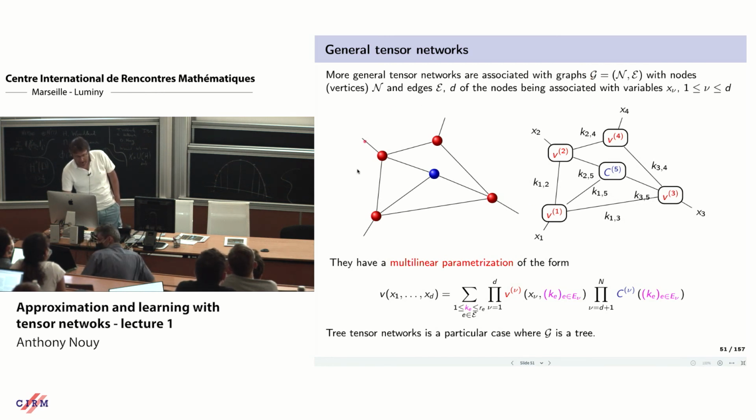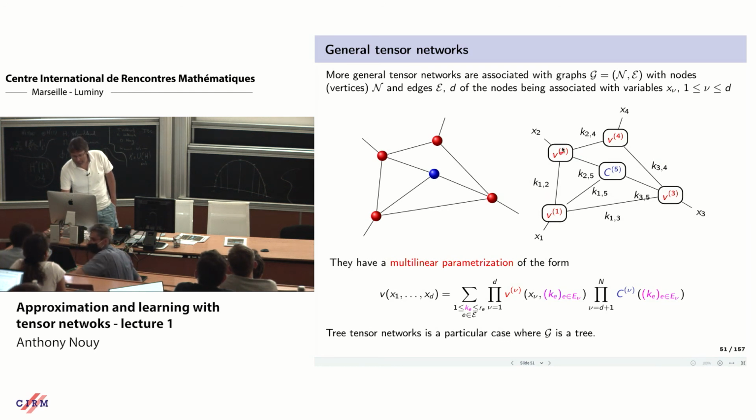So consider a graph here, with the solid shapes being the nodes, or vertices, of the graph, and here are the edges of the graph. You also have some free edges, just lines emanating from a tensor but not connected to another tensor. To this graph, I can associate a tensor network.